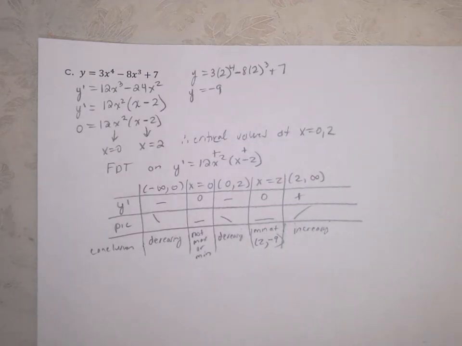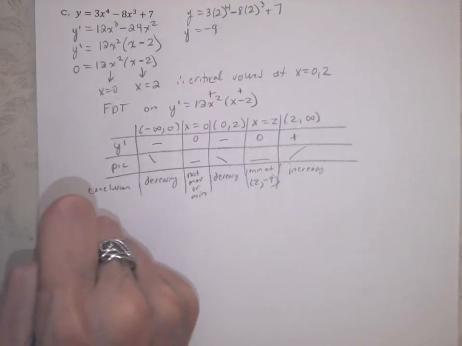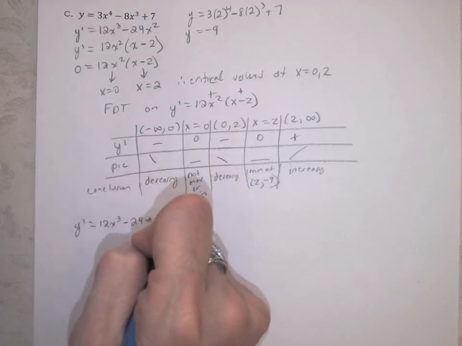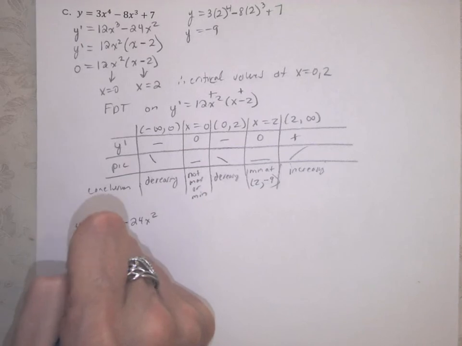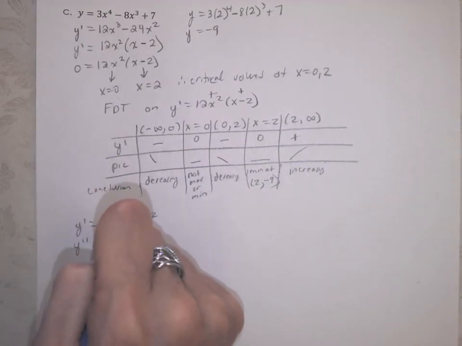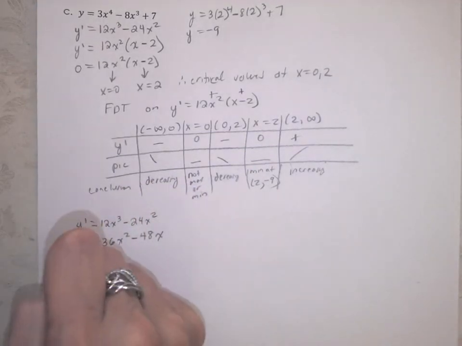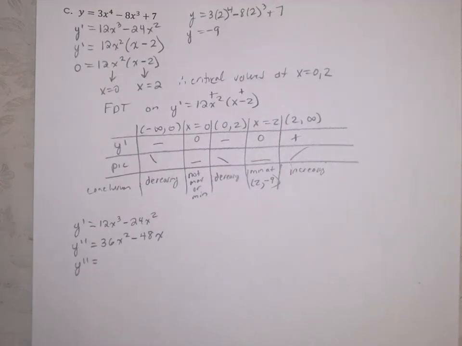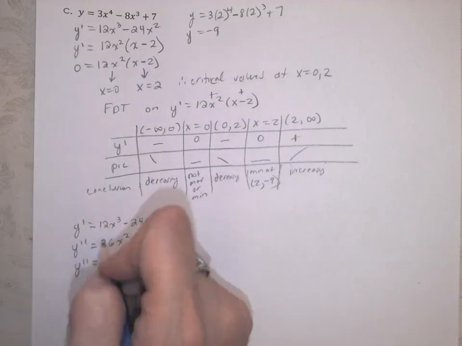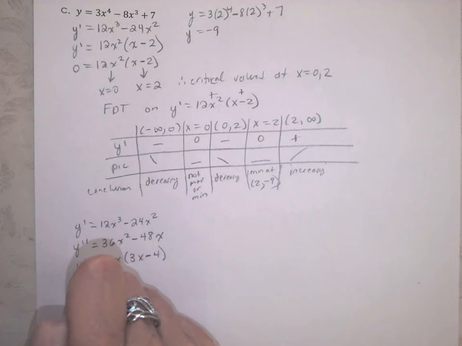All right, so now we're going to start with our second derivative. So first let's take our first derivative in unsimplified form. And now take our second derivative, or the derivative of the derivative. And that's going to give me 36x squared minus 48x. So I can common factor out 12x from here and get 3x minus 4, set equal to 0.